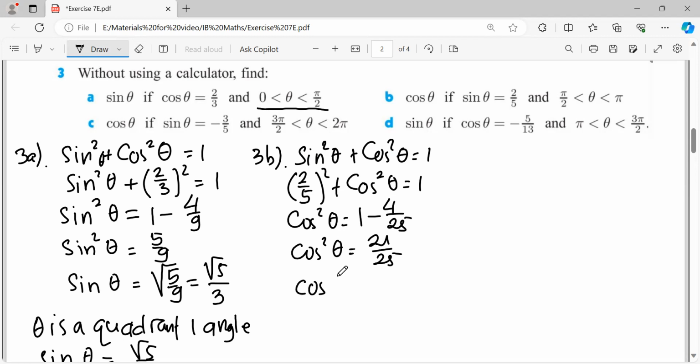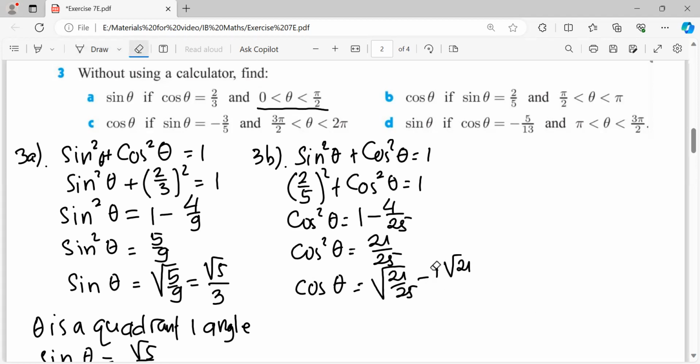And cosine theta equals the square root of 21 over 25, or plus and minus, no, not plus and minus. We have to find the sign first. It equals square root 21 over 5, because the square root of 25 is 5.